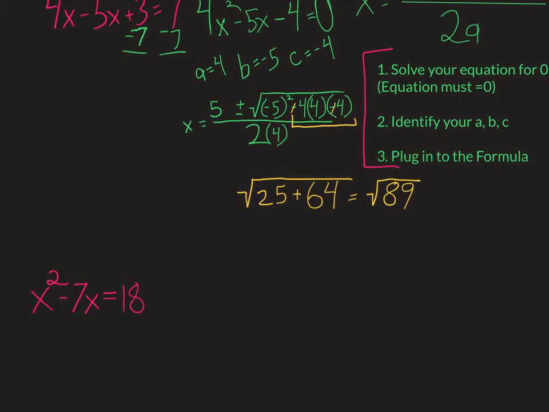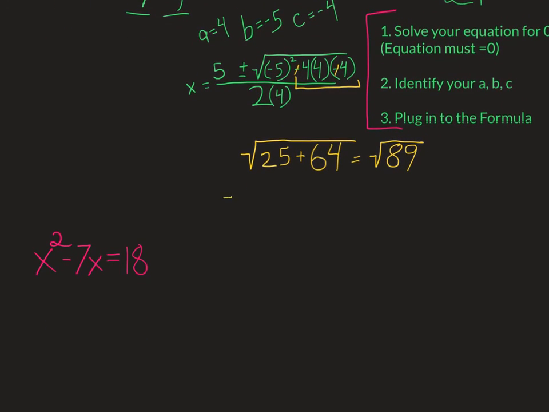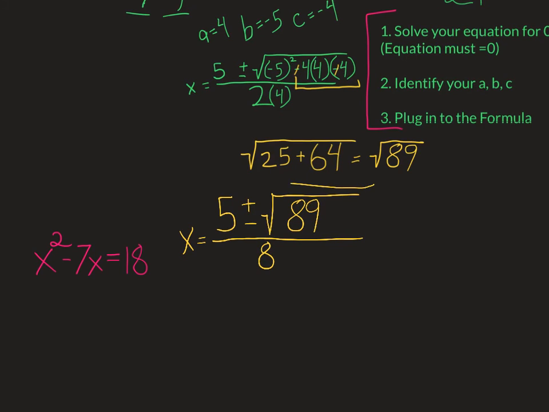So the final result for this one, we just need to leave it at 5 plus or minus square root of 89. We can't go any farther. All over 2 times 4 is 8. And there's our 2 solutions for that quadratic.